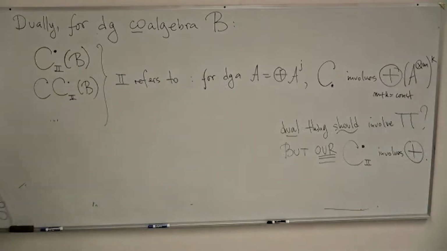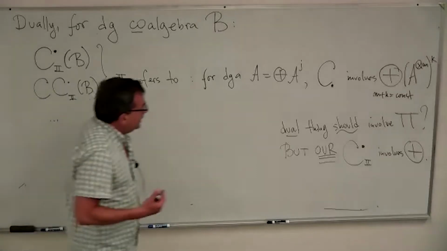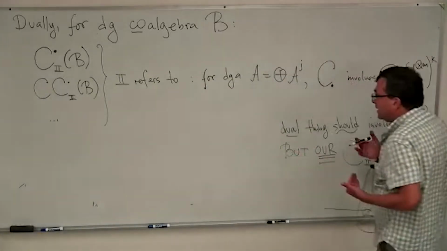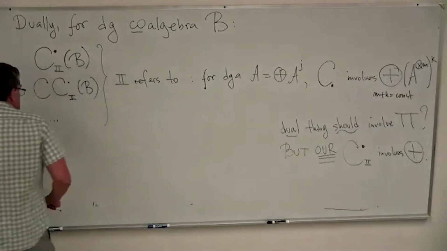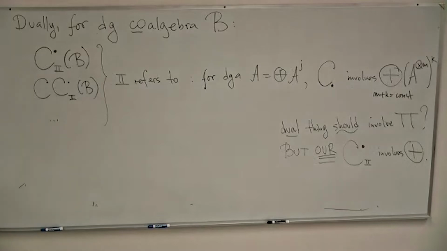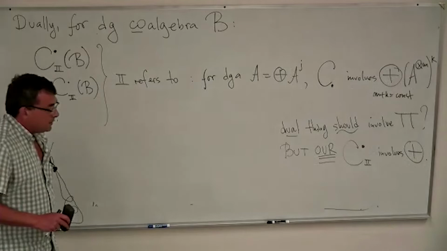But our definition of Hochschild complexes of coalgebras will involve direct sum and not direct product. So literally speaking, it's not dual to this one, it's something different. And there are reasons for that. Maybe when I come to it, I will say a little bit more. So far, it's just an aside.